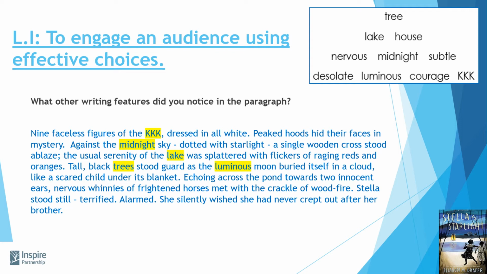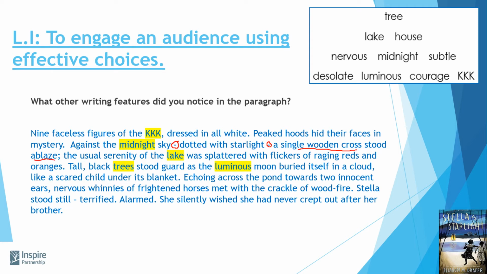Well, I can see immediately I've got a dash here and a dash here, and they're providing us with some parentheses. And that is telling us there's a single wooden cross which is on fire. It says it stood ablaze.